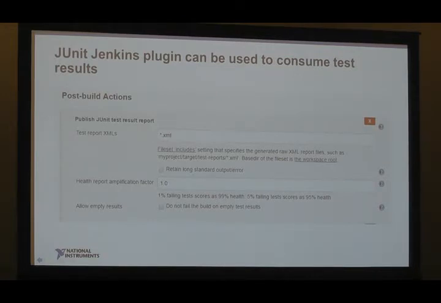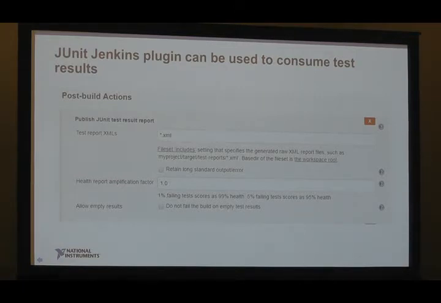The XML files are not human readable. I mean, they are readable, but let's say you have hundreds of results. How are you going to look through them? In Jenkins, you can extend the functionality to consume these XML files.